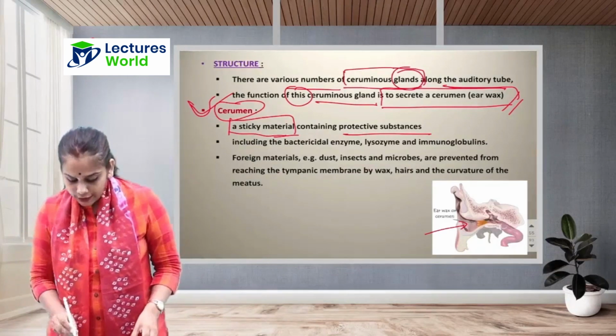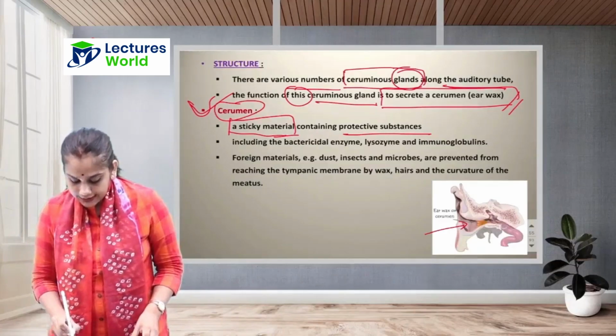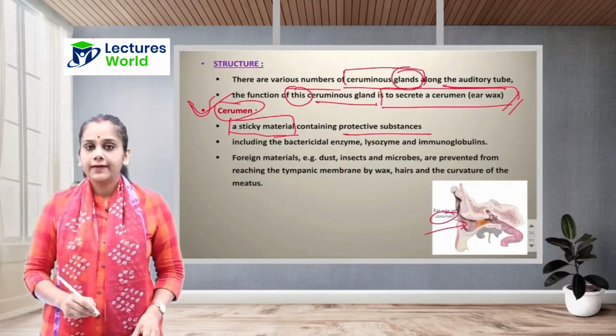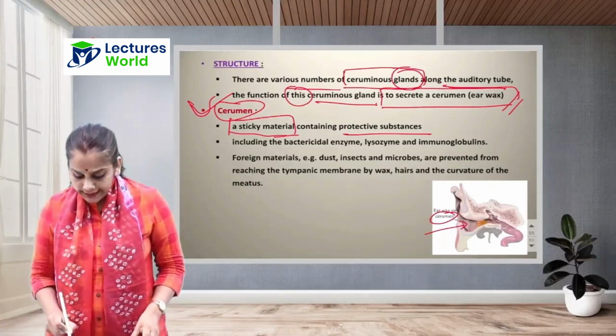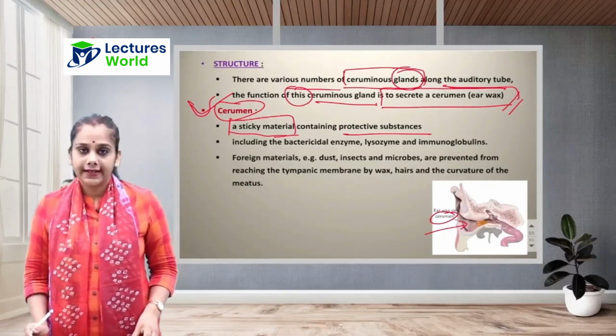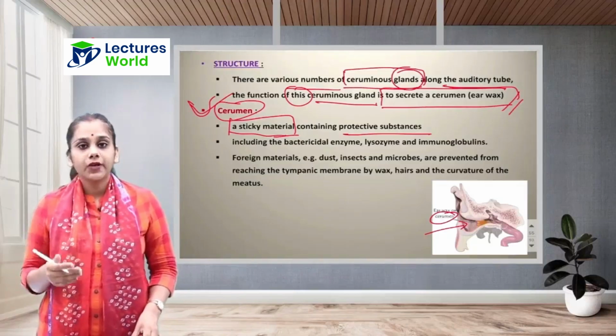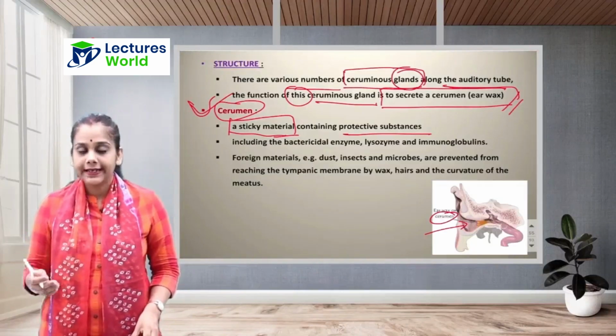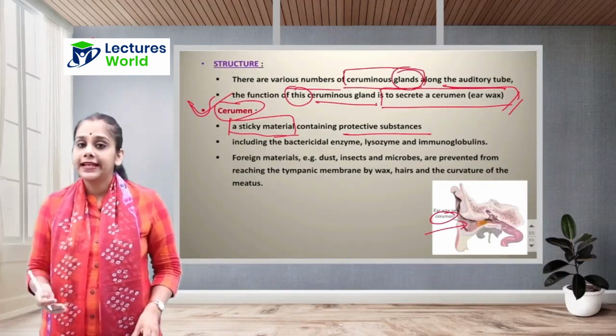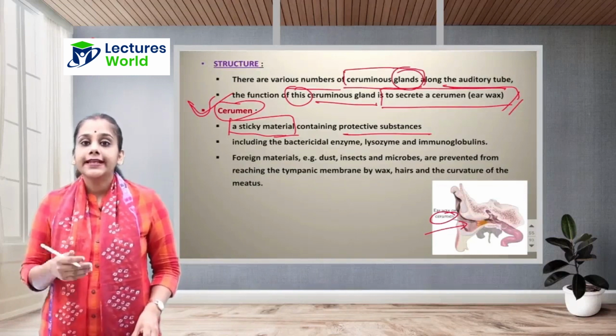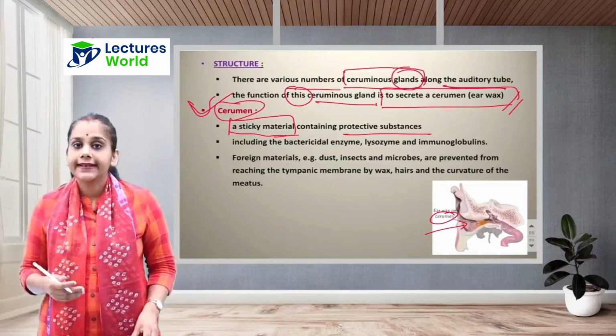You can see in the figure, in yellow color, there is the cerumen. In the lining or wall of the ear canal, there are a number of ceruminous glands, and they produce cerumen daily into the auditory canal.